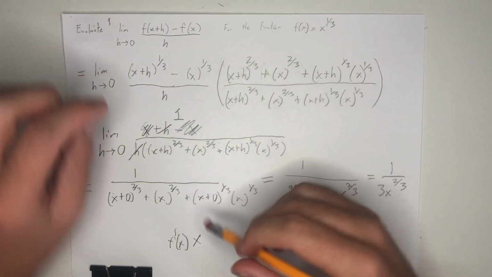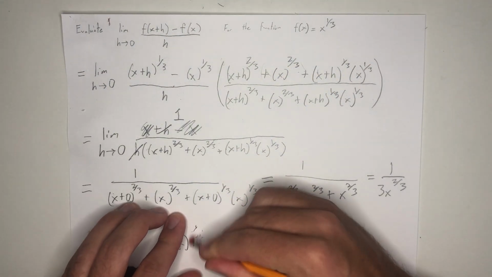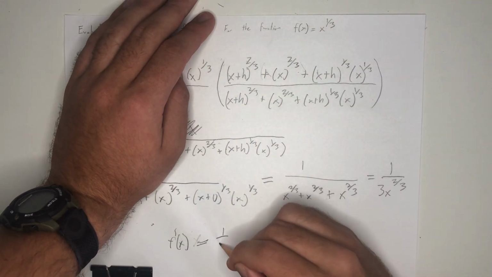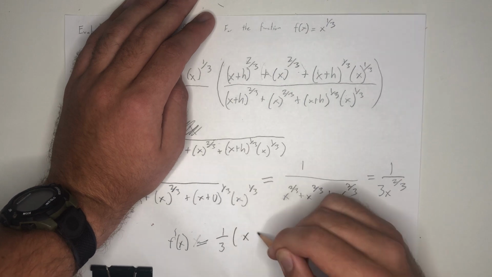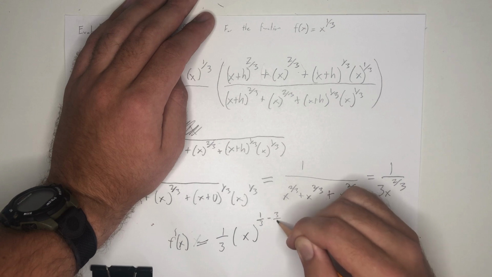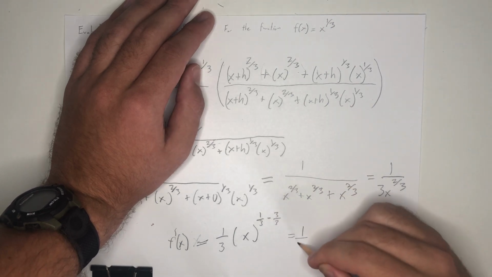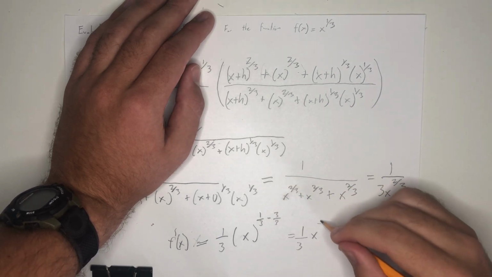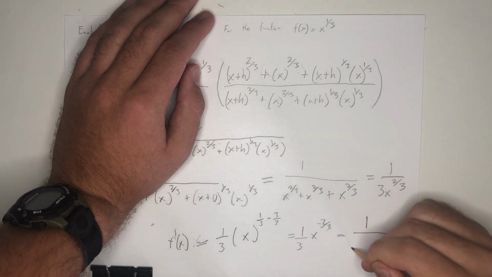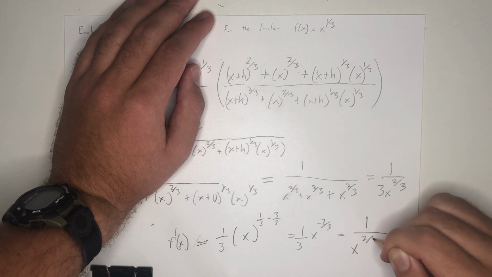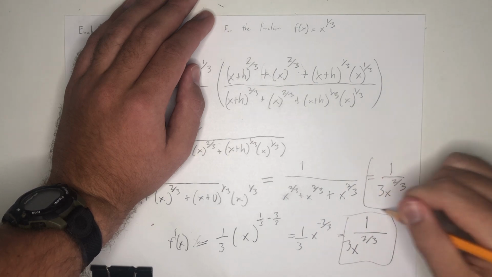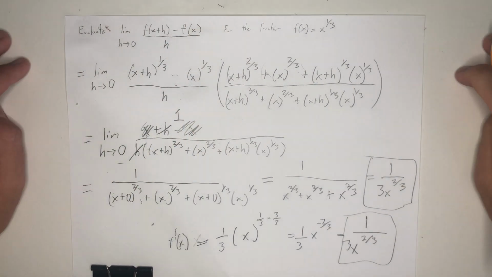So the derivative of this is equivalent to, we bring the power down, so we got 1/3 times x to the 1/3 minus 1, call it 3 over 3, equals 1/3 x to the negative 2/3 equals 1 over 3x to the 2/3. So these match, and that is our answer to this problem.